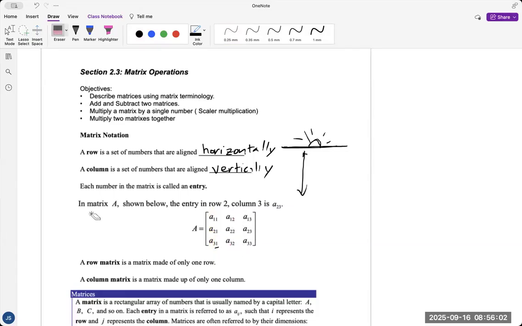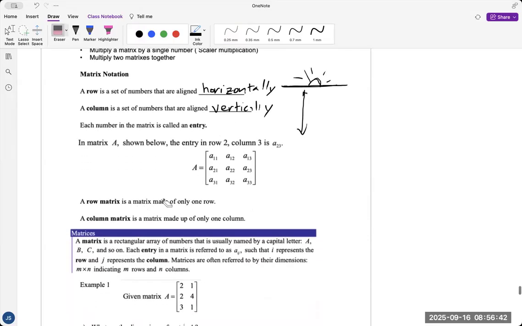In matrix A here, the entry in row 2, column 3, is A sub 2, 3. So it's the second row, and then the third column. 1, 2, 3. There it is, the term in the second row and the third column, which is denoted A 2, 3.